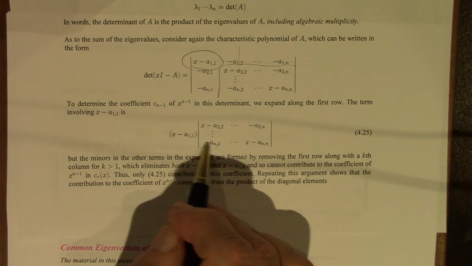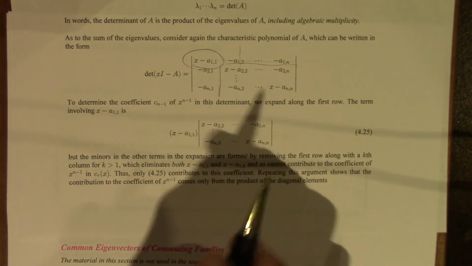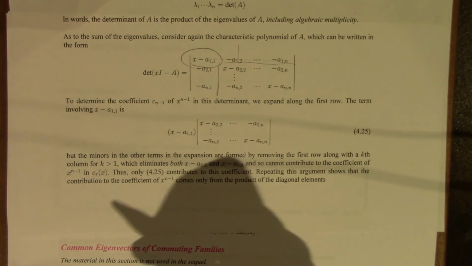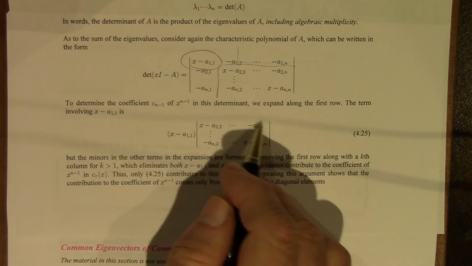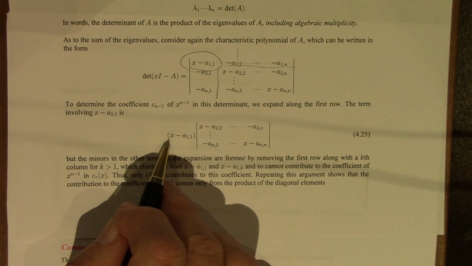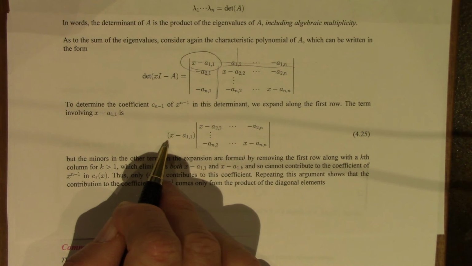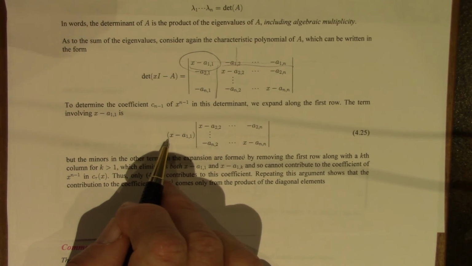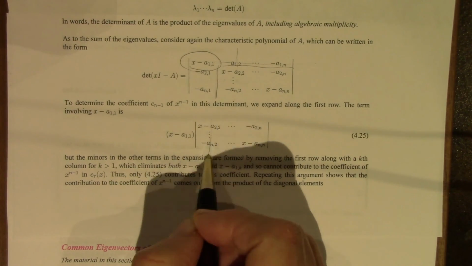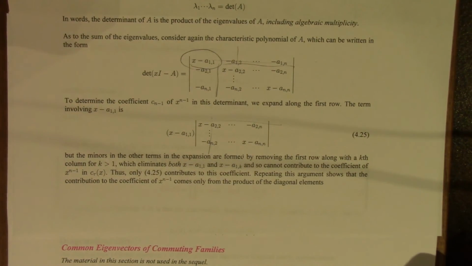Well, now we do it again. We expand this. The only term that will contribute a coefficient of x to the n minus 2 to go with this x, to get us a contribution to the coefficient of x to the n minus 1, is in the first part of the expansion.